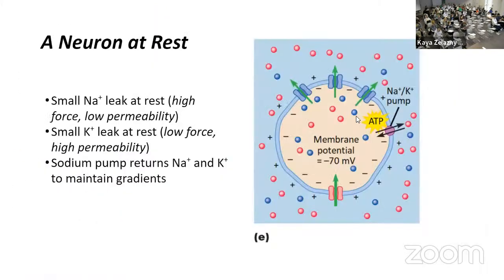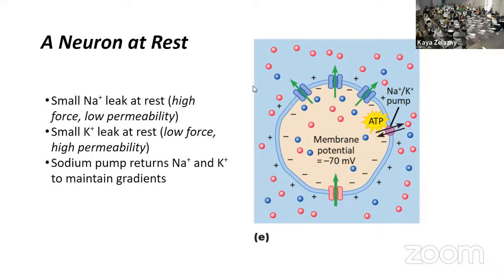Cool. Okay. So when we're at rest, we only have a little bit of leakage for that sodium. This has a really high force, so it really wants to move, but it can't because of that low permeability. Only a little bit is able to leak into the cell. When we are at rest, we have more permeability for that potassium. So there's a relatively low force on it.